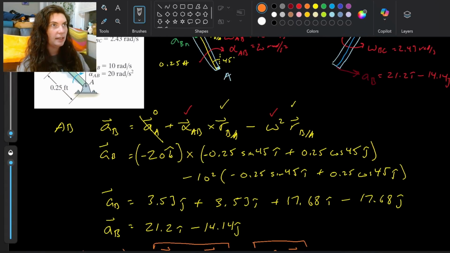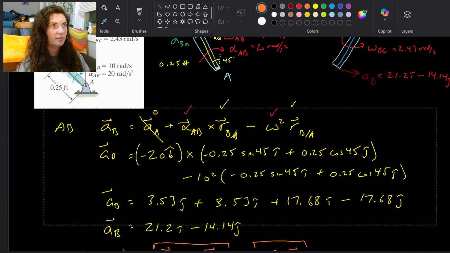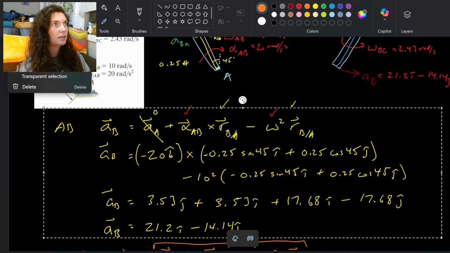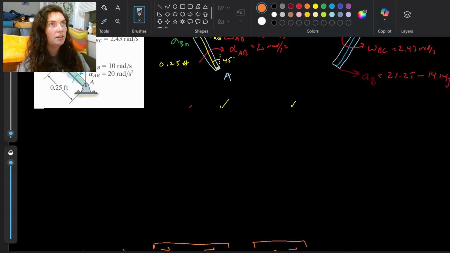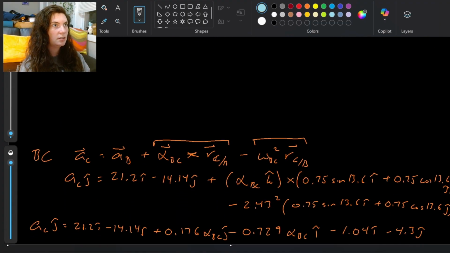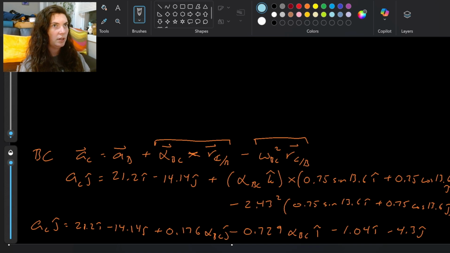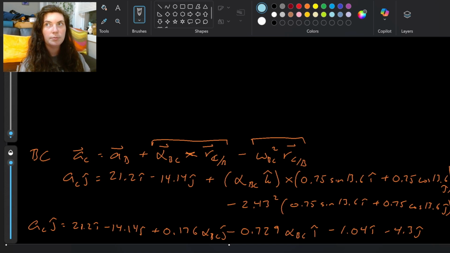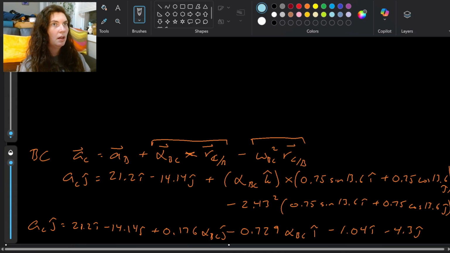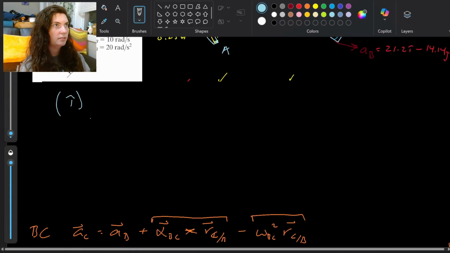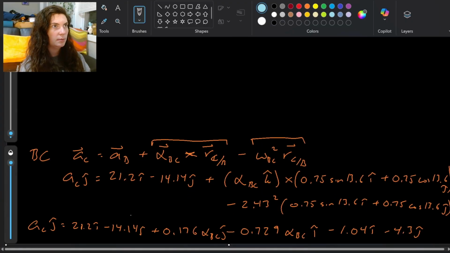Alright, so now I'm going to separate it into the I's and the j's. My I components: I have none for AC, and then I just have the 21.2. So 0 equals 21.2, and let me circle these.